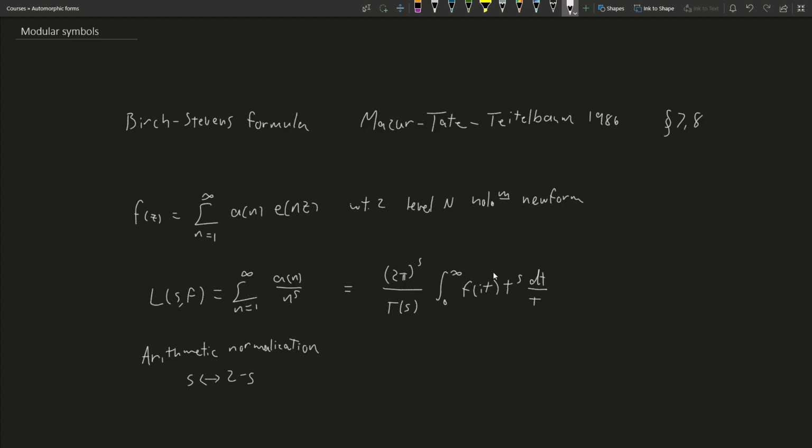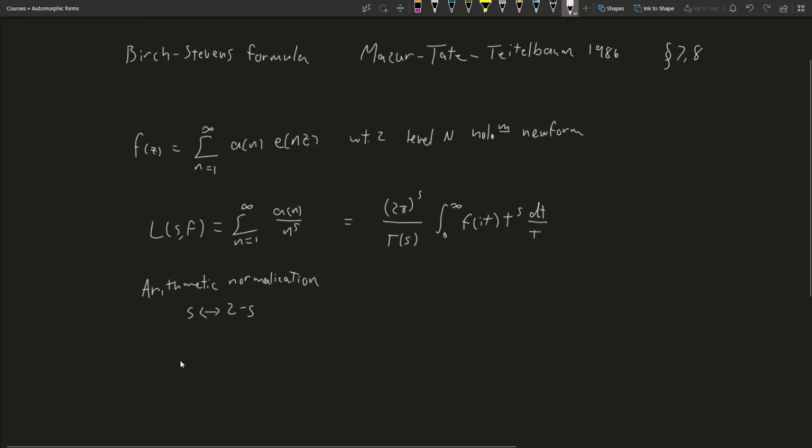And this calculation, basically you take this form, you substitute in this definition, and then you just integrate, and you'll recognize the gamma function coming out. That's why there's this gamma function down here. This is very similar to a calculation that we did when we were first talking about convolutions and mentioned the Rankin-Selberg method. So you can view this in this way, at least in the region of absolute convergence.